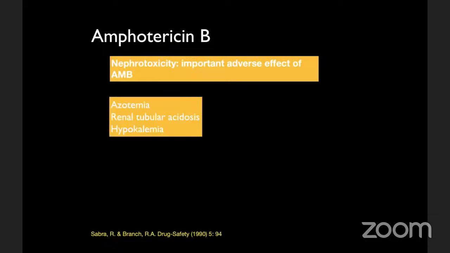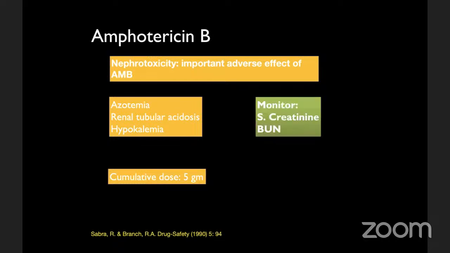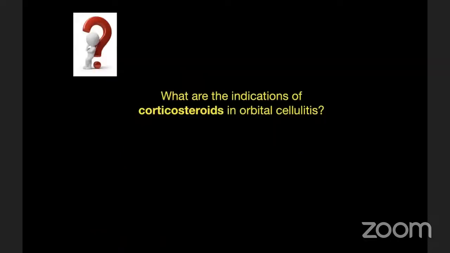Amphotericin B is the major drug used for fungal infections, and nephrotoxicity is the most important adverse effect to bear in mind. They can present with azotemia, renal tubular acidosis, or hypokalemia. So it is important to monitor renal function tests, and the cumulative dose should not exceed 5 grams.